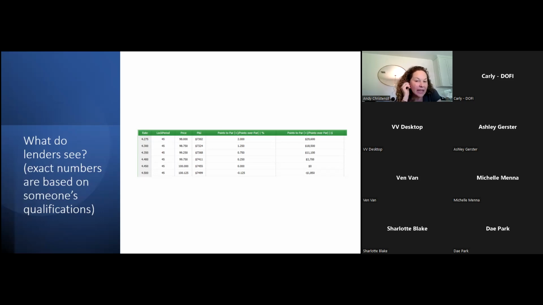Yeah, it depends. And to be honest, it comes down to margins that are built into price. Whether you're talking about a broker or a direct lender or a bank, it comes down to margins.